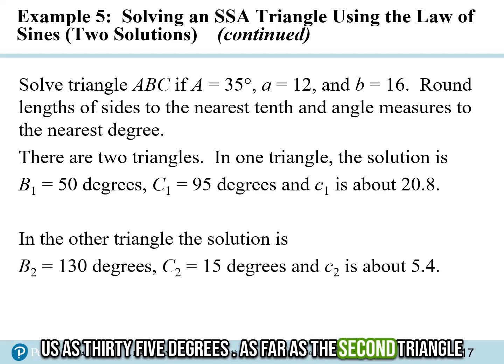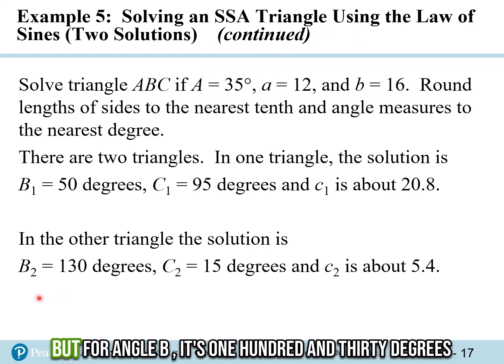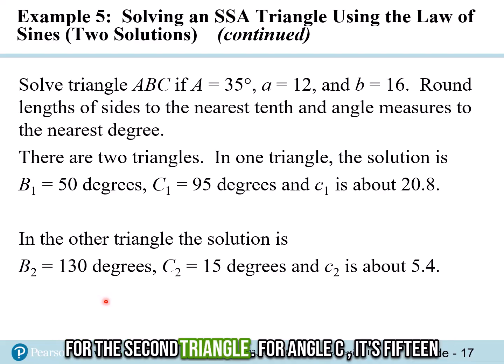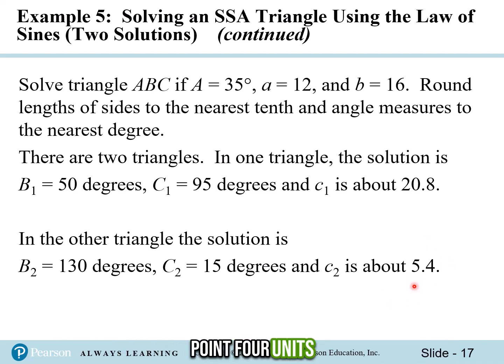As far as the second triangle is concerned, it's the same measure for angle A, side A and side B, but for angle B, it's 130 degrees. For angle C, it's 15 degrees, and the side C in the second triangle is 5.4 units.